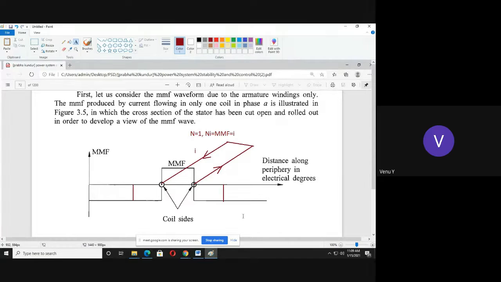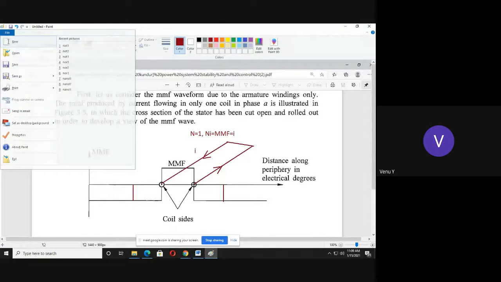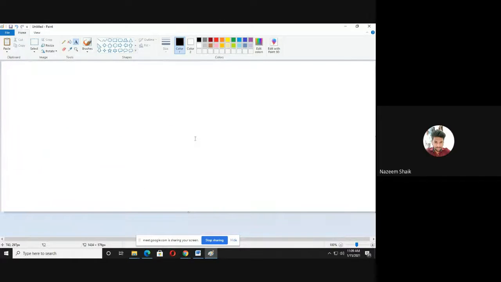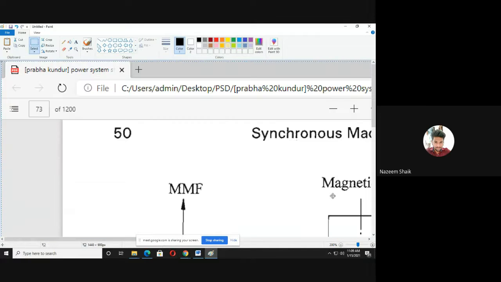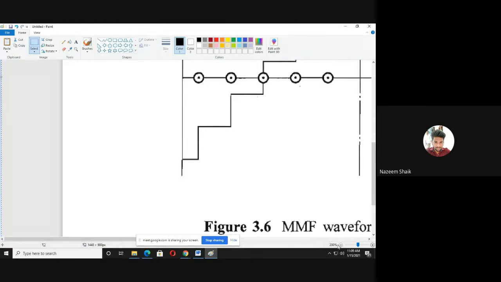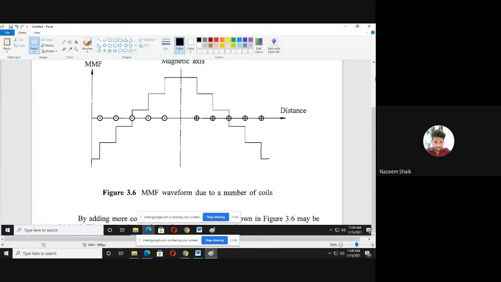You have multi-turn coils like this. Let us have 5 turns connected together.